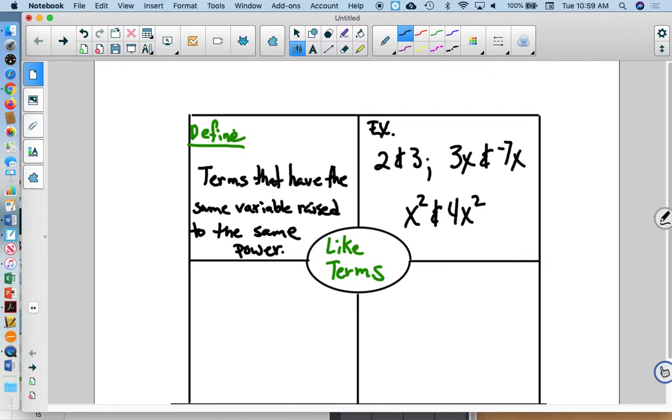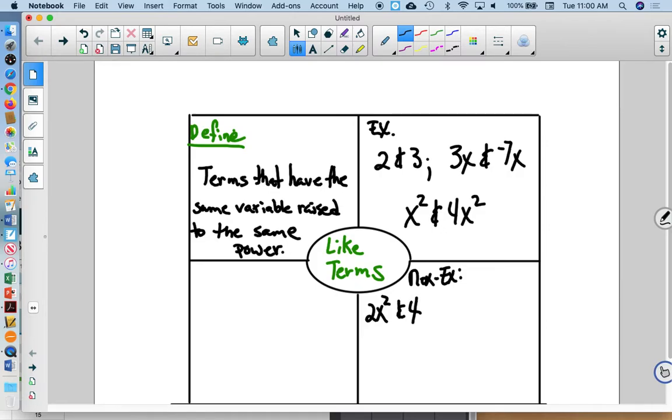Okay, so if we can do some examples, we can also do some non-examples. Somebody give me 2 terms that are not like. Jaslyn. 2x to the second power and 4.